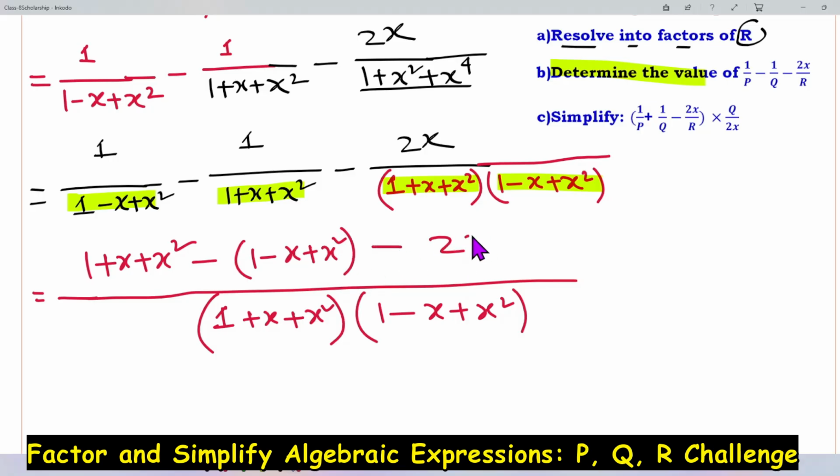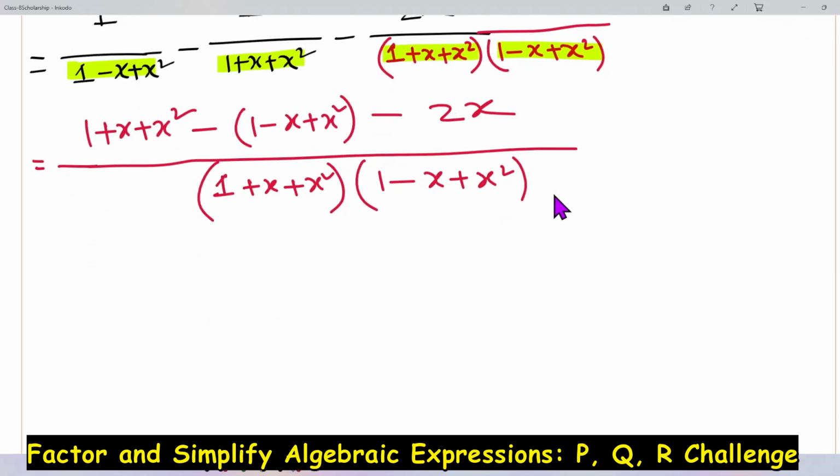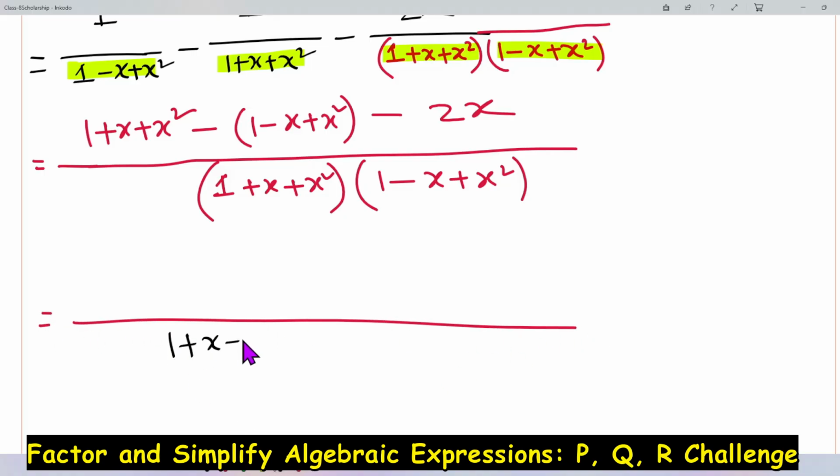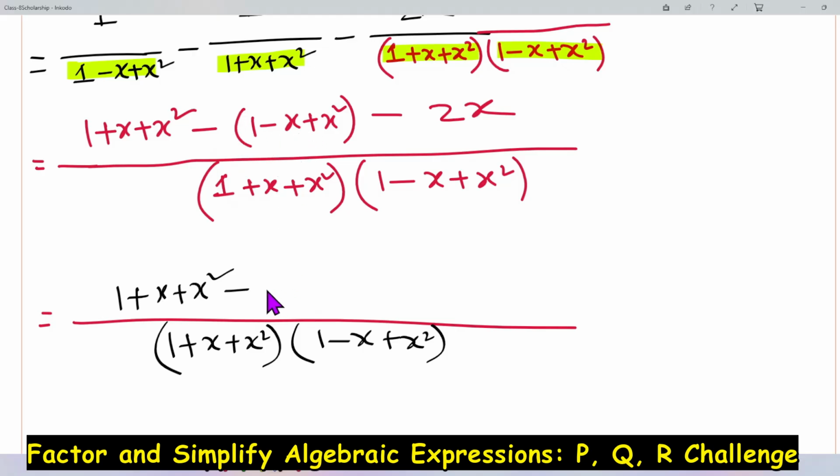Similarly, here is a minus, so here is 1 minus x plus x square, and here is only minus 2x. Then 1 plus x square times 1 minus x plus x square. So here is 1 plus x square. Regarding the minus sign, everything will be changed.